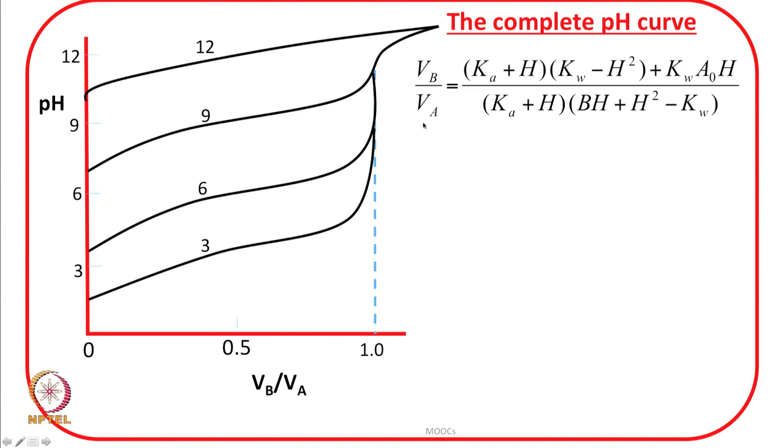For various Vb and Va, you get hydronium ion concentration for different Ka values, and those can be expressed in terms of pH. Then you generate these pH versus Vb by Va titration curves, and for different pK values you see how the pH will vary. So, this is the complete pH curve as a function of the volume of alkali added to the acid.